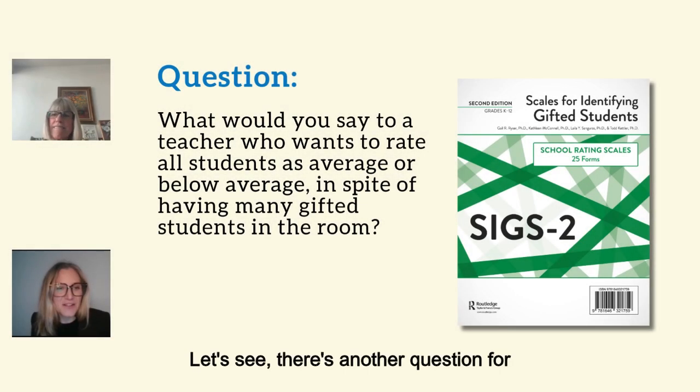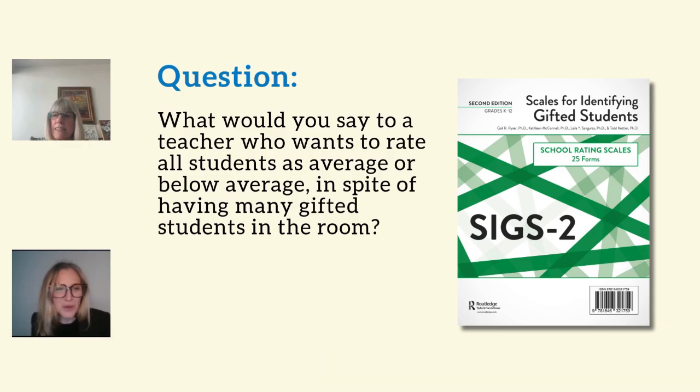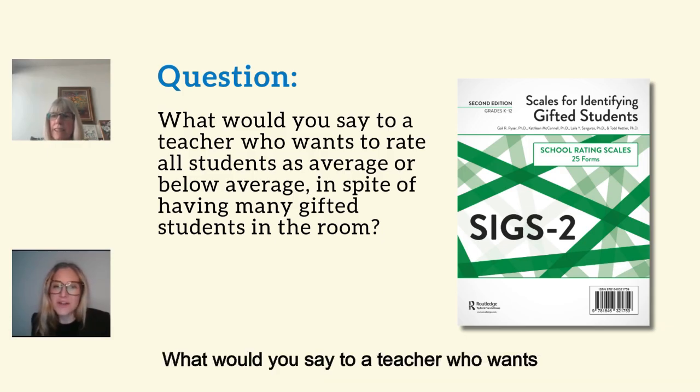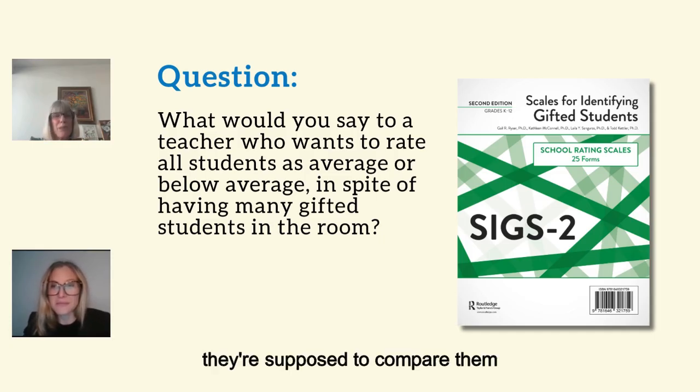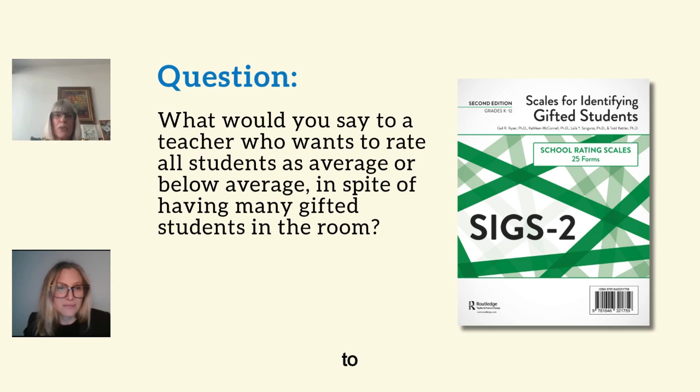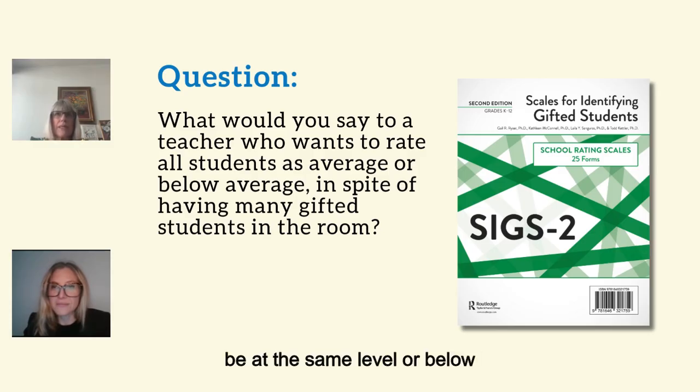Let's see, there's another question for you, Gail. What would you say to a teacher who wants to rate all students as average or below average in spite of having many gifted students in the room? Right. Well, they're supposed to compare them to their grade level peers. And so how could all students that you're rating be at the same level or below level? That would be very unusual.